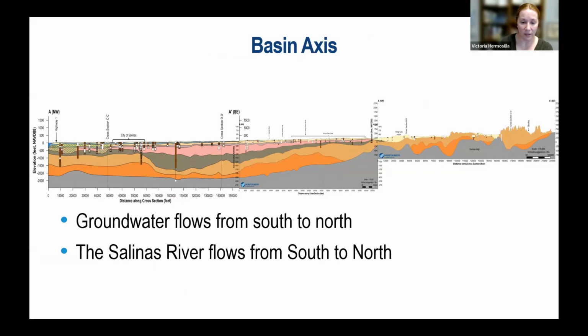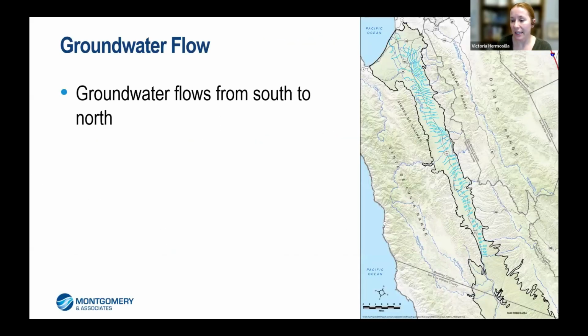And again, groundwater flows from south to north, just as the Salinas River flows from the south to the north. And just to point that out again, this is an image that shows the groundwater contours from south to north in the 180 or equivalent sediments. And again, just showing the direction of that groundwater flow through the whole basin.